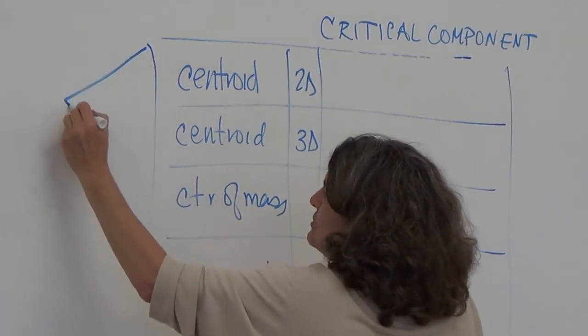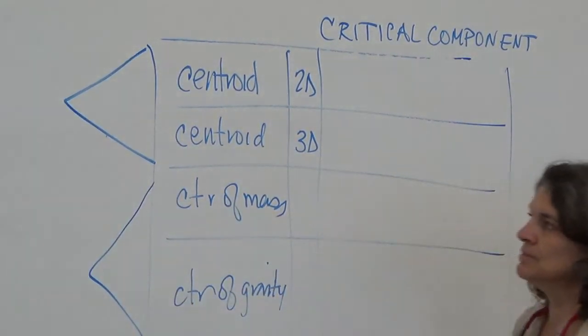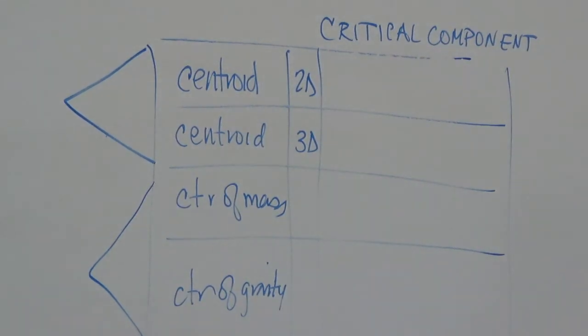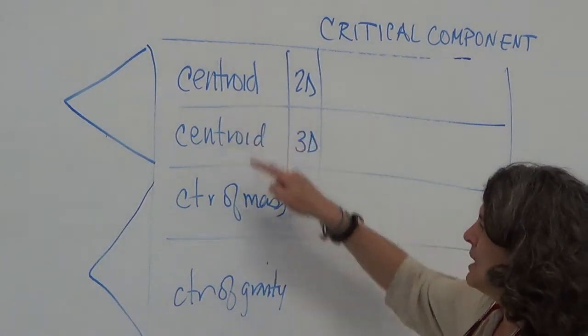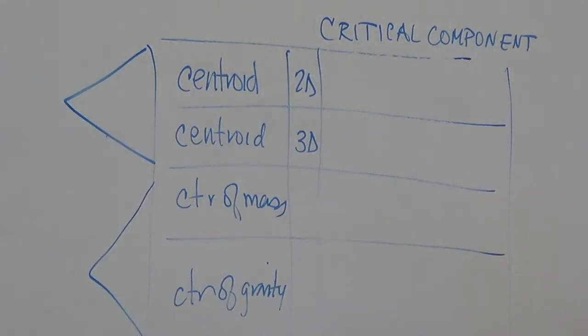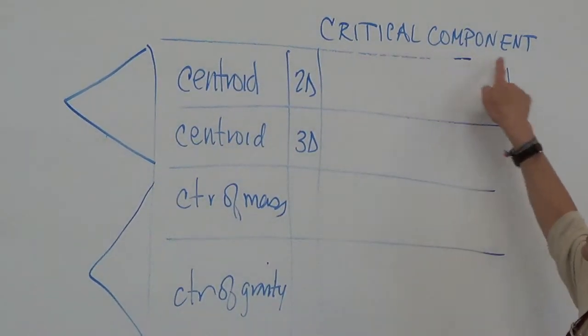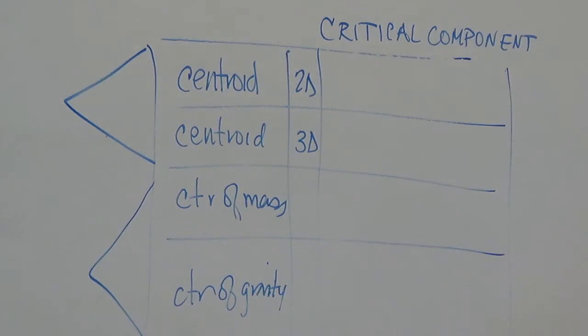So what's the difference between these and these? You might say, oh, it's all the same. The center is always going to be the same. In many cases it is. But what's the difference? What does the term centroid mean that center of mass and center of gravity doesn't mean? In other words, what is the critical component I'm thinking of in centroid? What is centroid about?